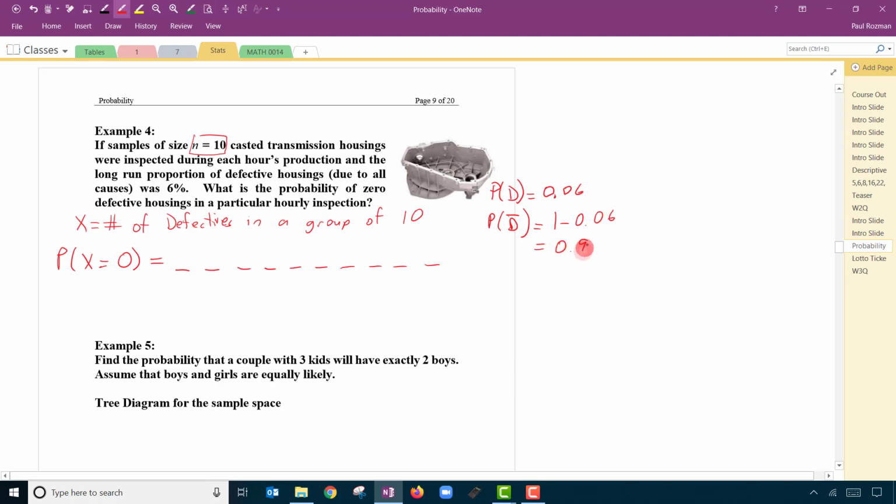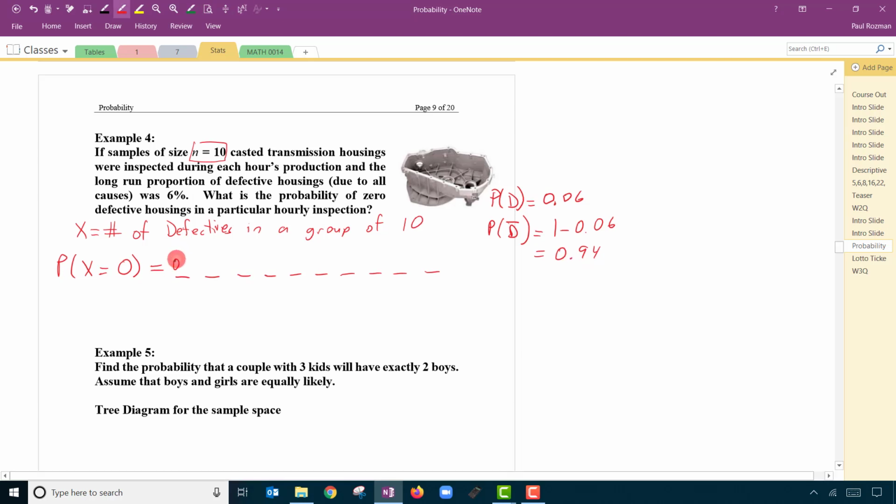So there's a 94% chance that they're not defective or good. So we would just take that 0.94 and multiply it by 0.94, etc., and so on. Each one of these is a good one or not defective.